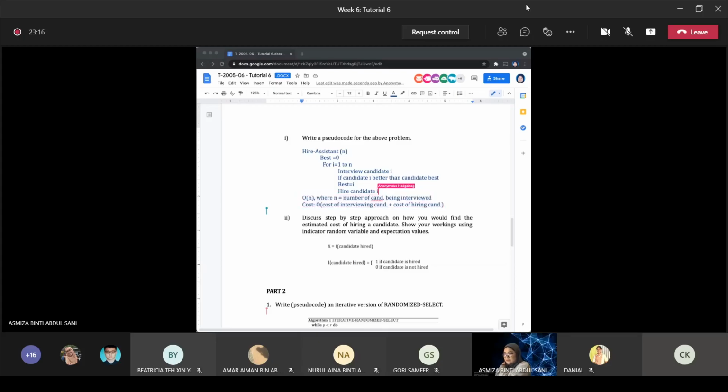So what is the expected cost for hiring candidate X? What is the expected value, class?